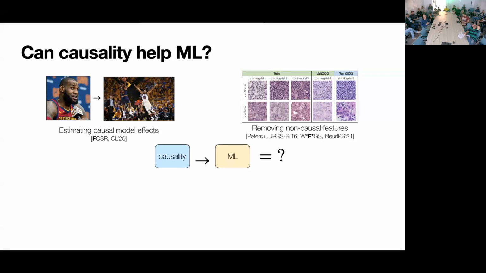This is previous research that we have done. In the case of removing non-causal features, those shortcuts that models tend to rely on, because of the shift in distribution, there's been a lot of literature on thinking causally about this problem and a lot of methods proposed, and I'm going to focus on two of them that we used.